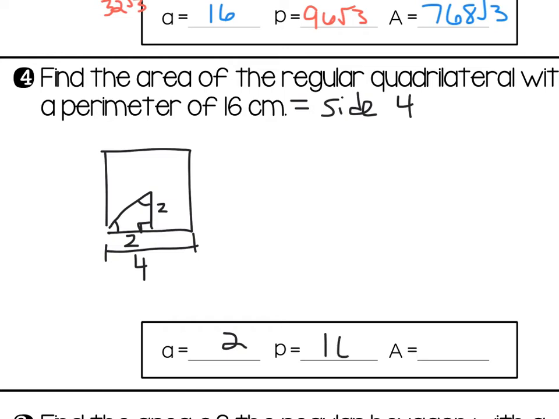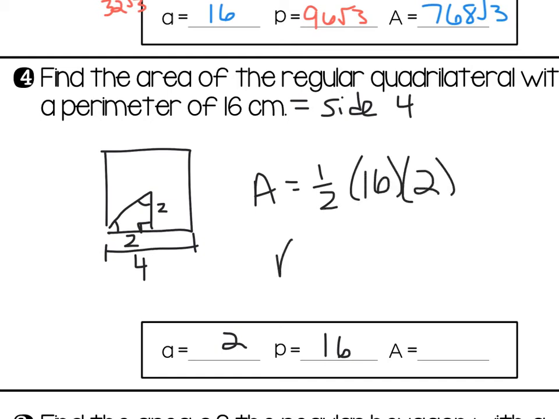My perimeter is 16, and area equals 1/2 perimeter, which is 16, times apothem, which is 2. So area equals 16, which we could have also gotten by doing 4 times 4.